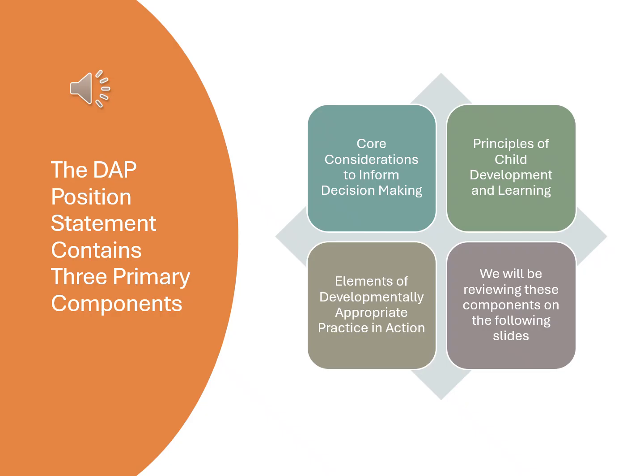The next piece that we're going to talk about is elements of developmentally appropriate practice, and there's a bunch of those, so that's going to take 5 or 6 slides to get through that. And just again, we'll be talking about all of these components on the following set of slides.